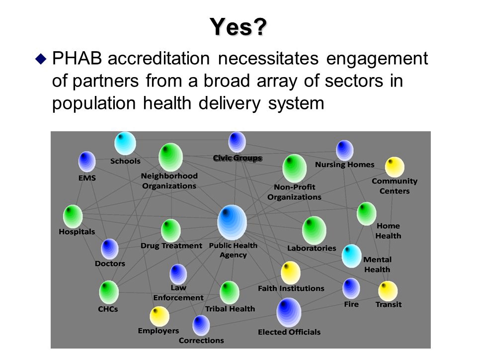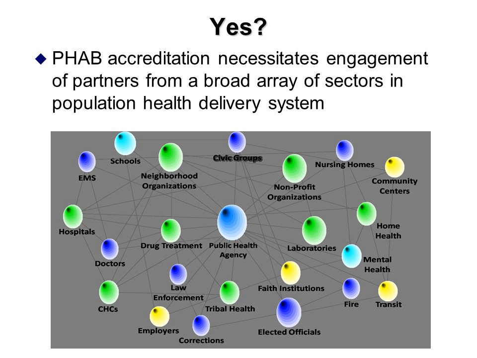For example, the accreditation prerequisites, the community health assessment and the community health improvement plan, require engagement with a wide array of community partners. Many of the standards and measures also require engagement with a wide array of community partners. So in order to attain accreditation, the big blue egg in the middle has to collaborate and cooperate with a lot of the smaller eggs on the periphery of that diagram.